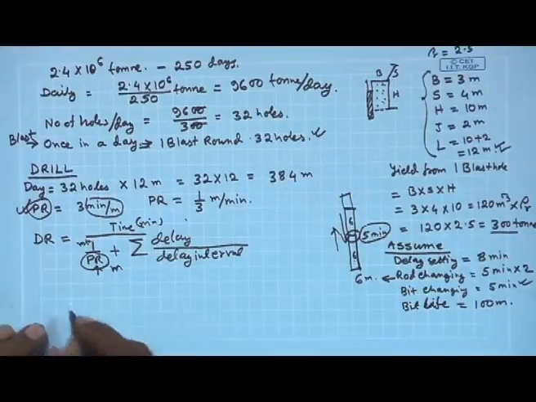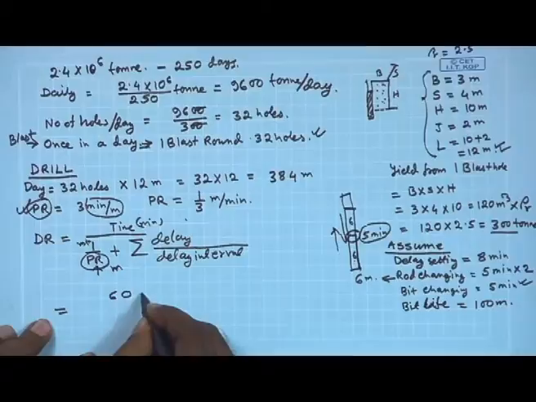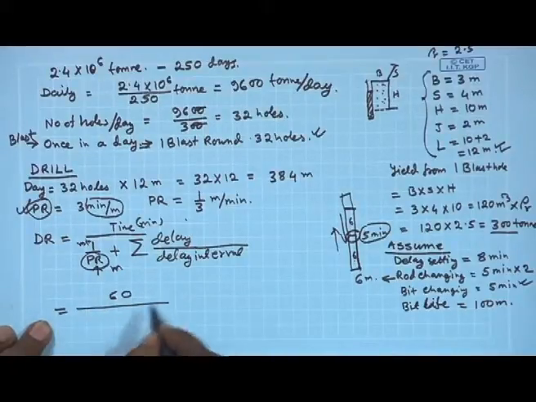So let us put the different values in this case. This time let us consider it for 1 hour, so this is 60 minute, then the penetration rate is 1 by 3, then our delay times.